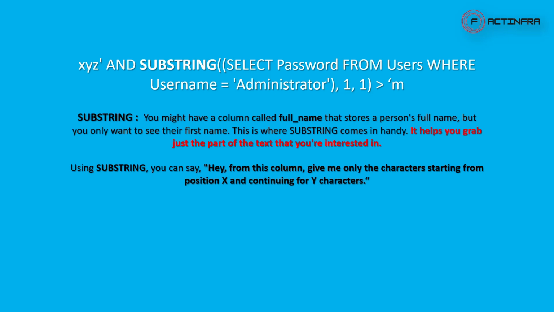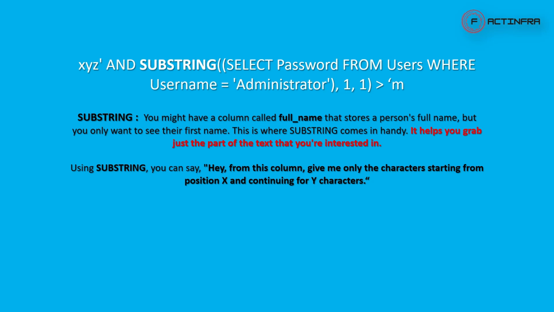You might have a column called full name that stores a person's full name, the first name and the last name, but you only want to see the first name. In this case, we can use a substring.